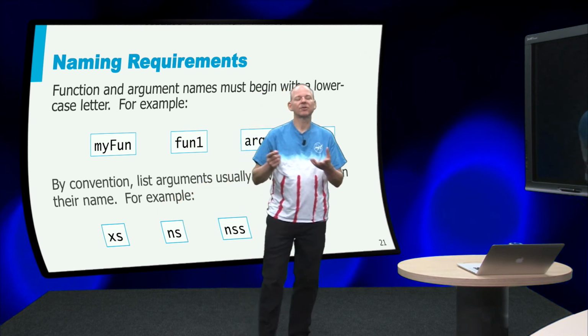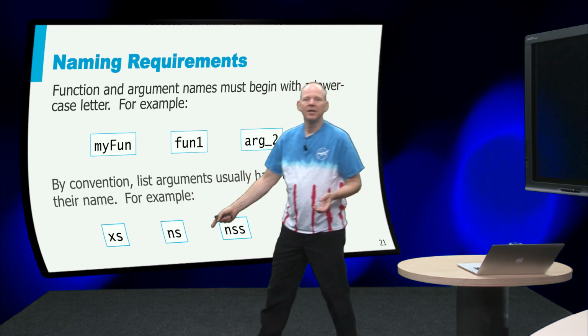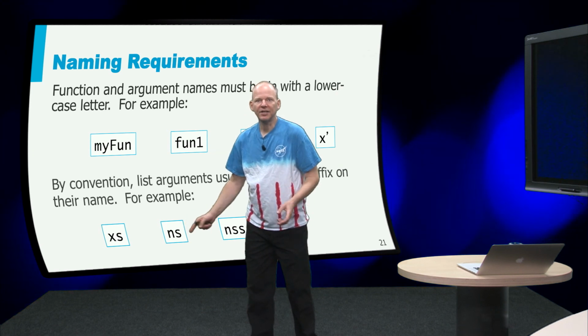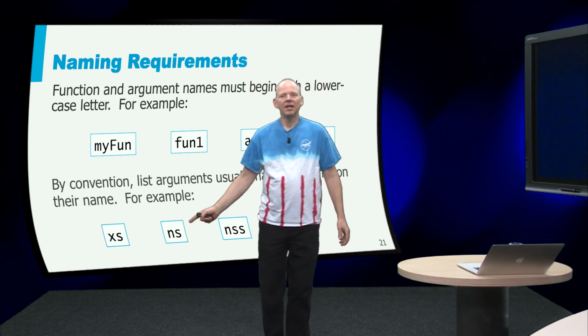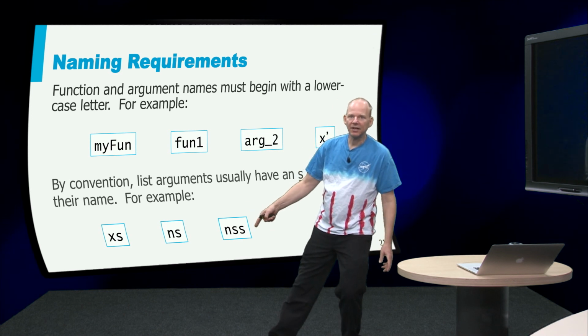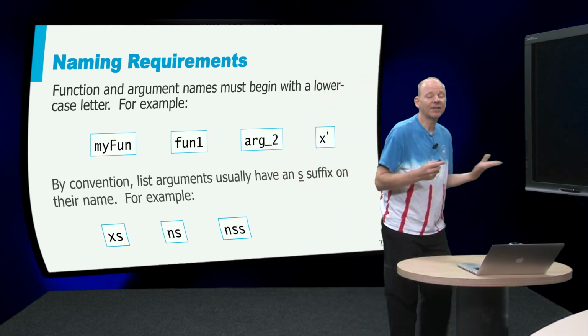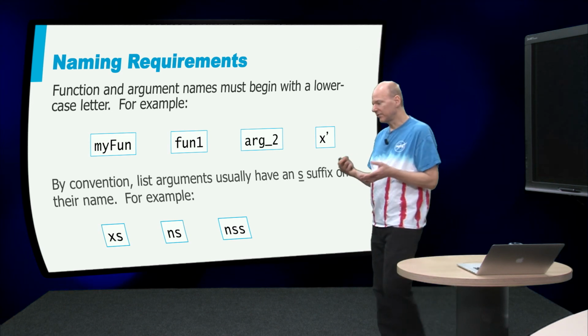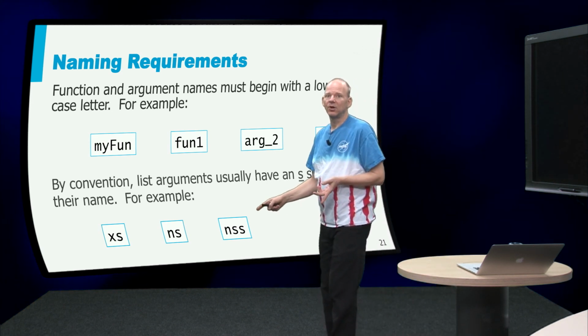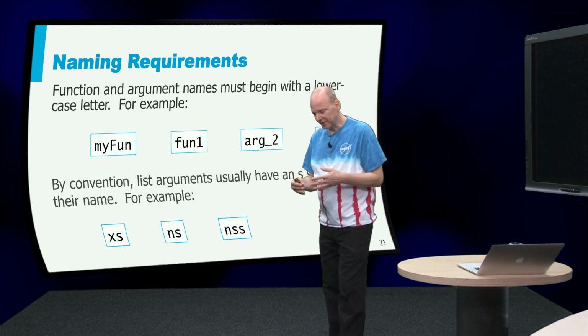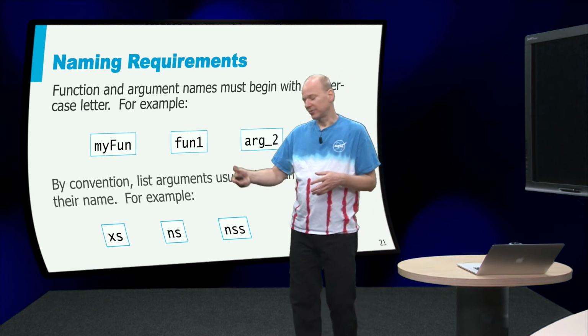Sometimes the n doesn't correspond to the type name, but typically when you see an s at the end, you know that it's a list. And if there are two s's at the end, like here, you know that it's a list of lists. And that's the convention. So if you want to look like a real Haskell programmer, you should always use this convention. When the parameter is a list, it always ends with s.